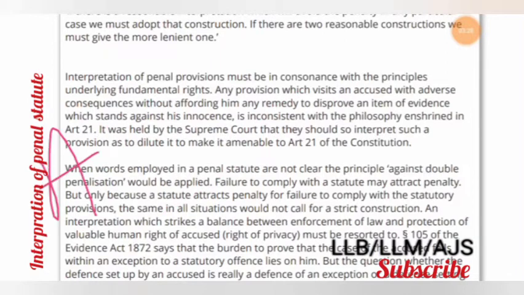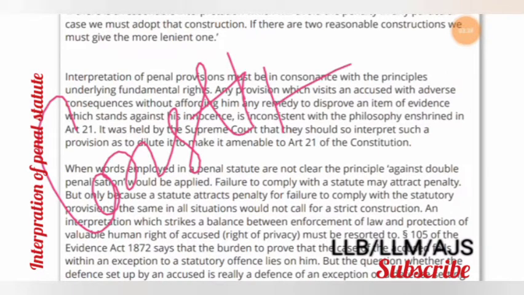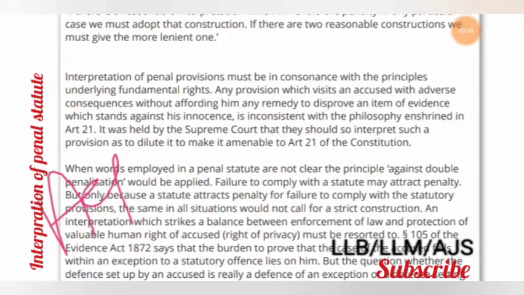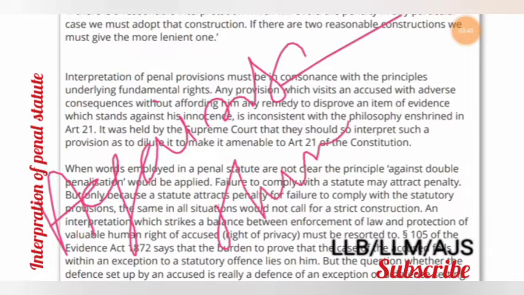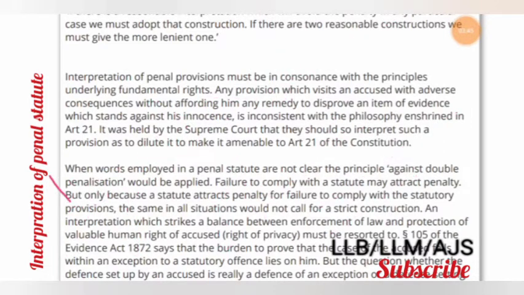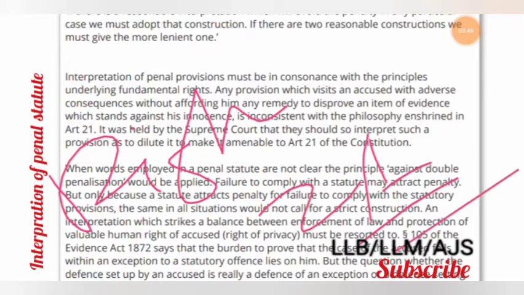For example, a person is presumed to be innocent until proved contrary. So it must stand the test of constitutional validity. It must not be against the fundamental rights, that is, human rights. Right to life and liberty is provided under Article 21 of the Indian Constitution.